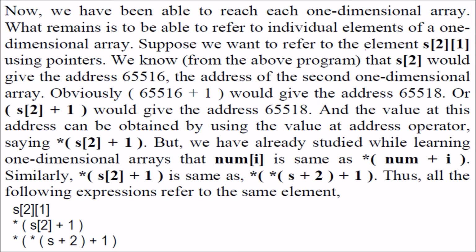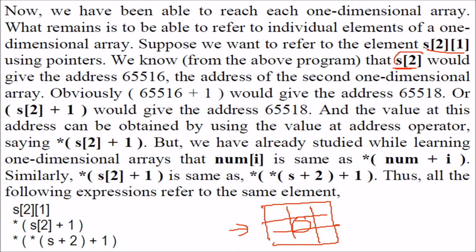When you want to refer to some element, say s[2][1], you first try to grab the place of s[2], that is the first array. s[2][1] may be somewhere here. First you go to that row, that is s[2]. Once you have come to this row, you can find this value, this value, this value.